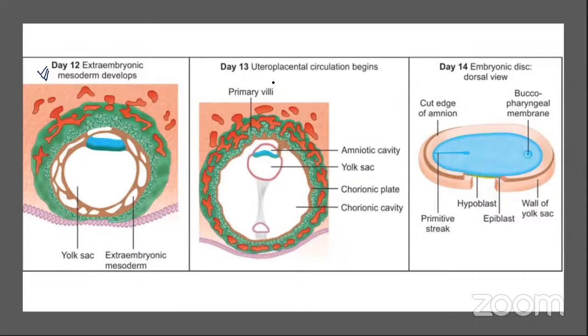I hope this much is clear. Whenever there is a primary villi, this is exactly the time when the uteroplacental circulation begins. These are interconnected.